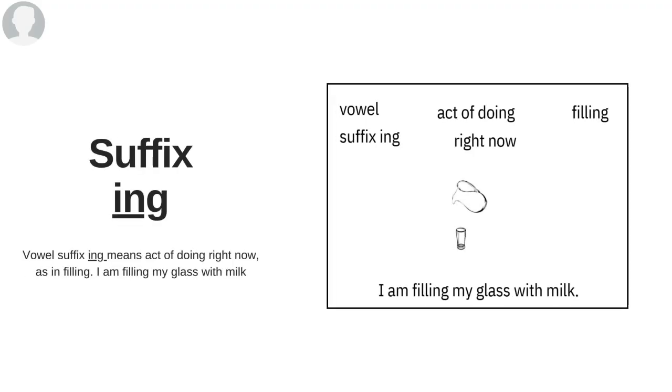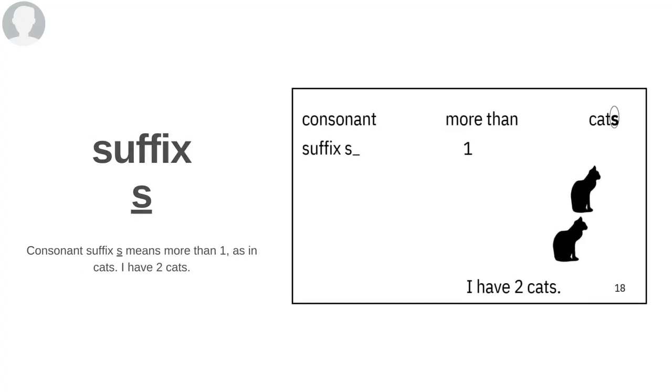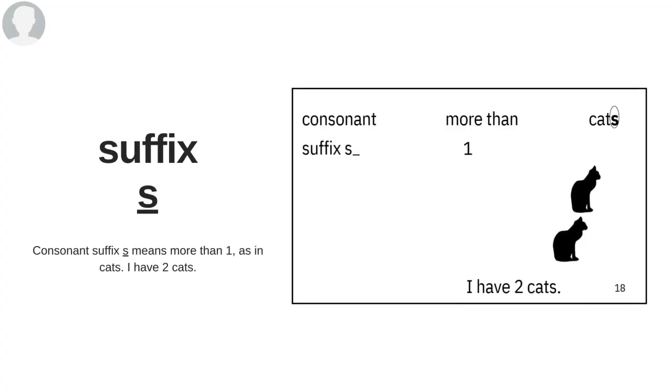Suffix ing. Vowel suffix ing means act of doing right now, as in filling. I am filling my glass with milk. Suffix less. Consonant suffix less means without, as in hatless. The hatless man looked for his hat. Suffix s.